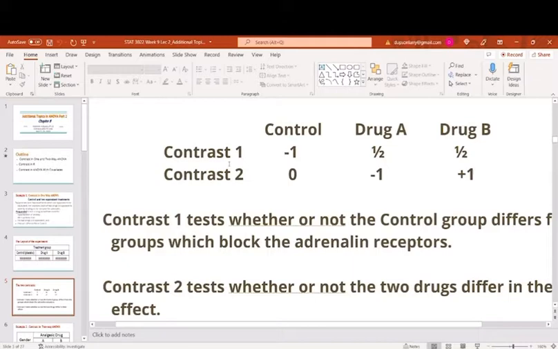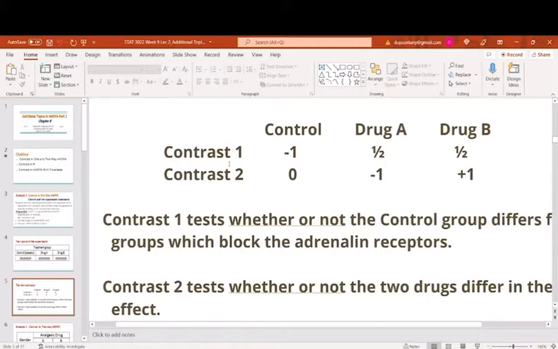Let's assume that we have control and drug A. I wanted to say this now. If I have more than 2 drugs, if I have control, drug A, drug B, and drug C, and I want to compare all of these at a time with just this one, I want to assign a contrast weight.